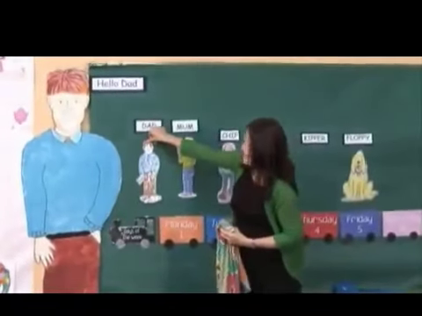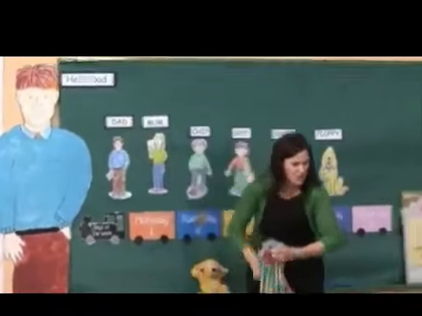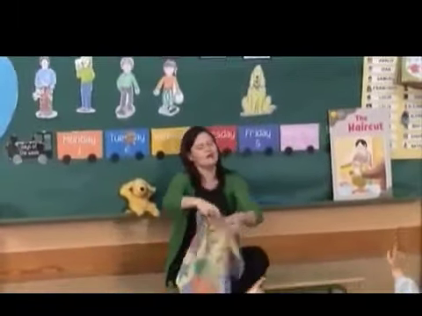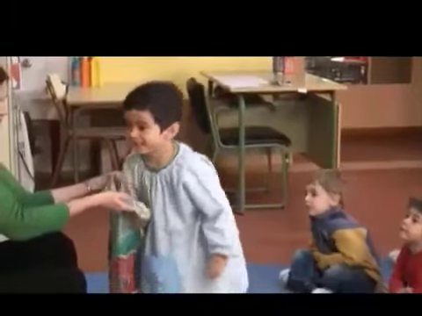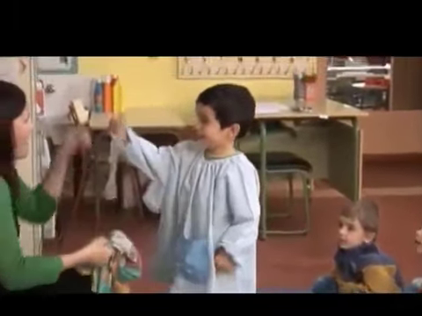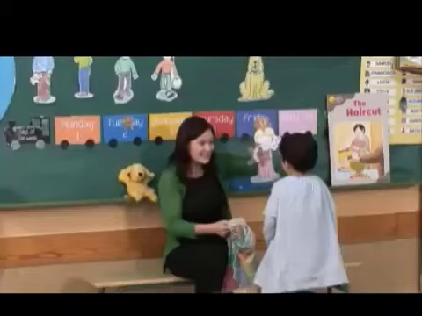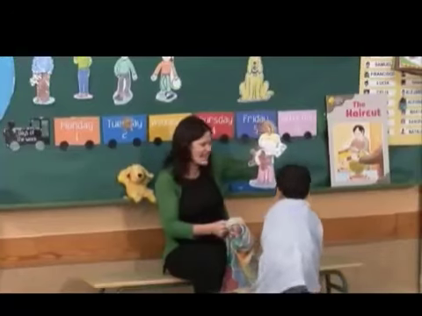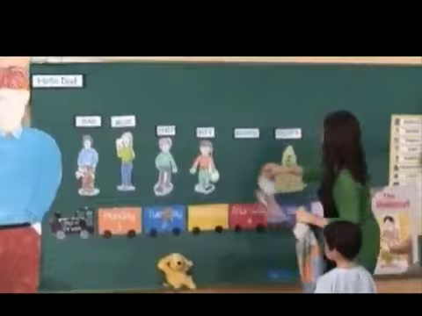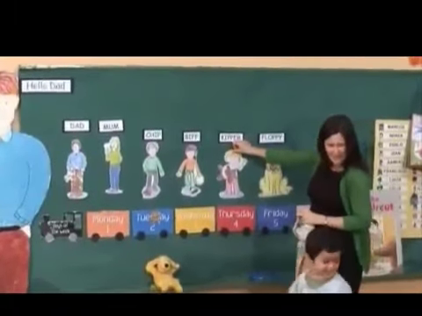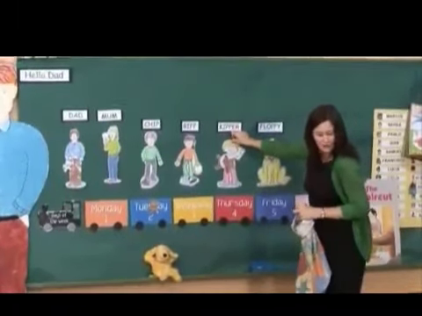Let's put Dad back up here with Mum and the children. Alvaro, come and see. See if you can find Kipper. See if he's in the sack. Is this Kipper? Yes, it's Kipper. Let's put Kipper back up here with the family. Sit down, Alvaro. Good boy.